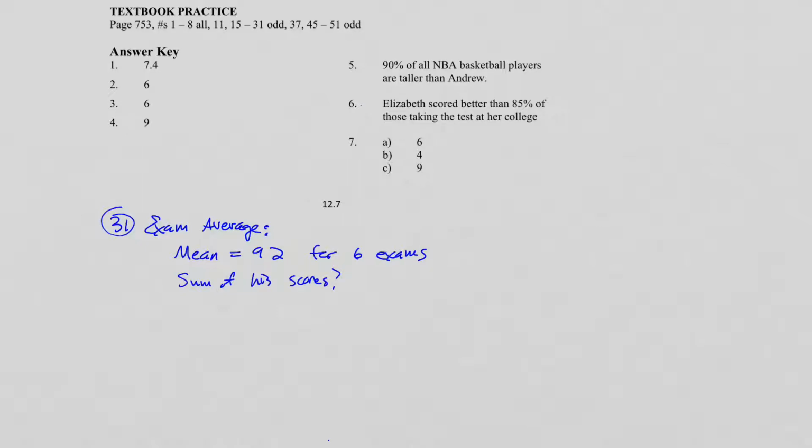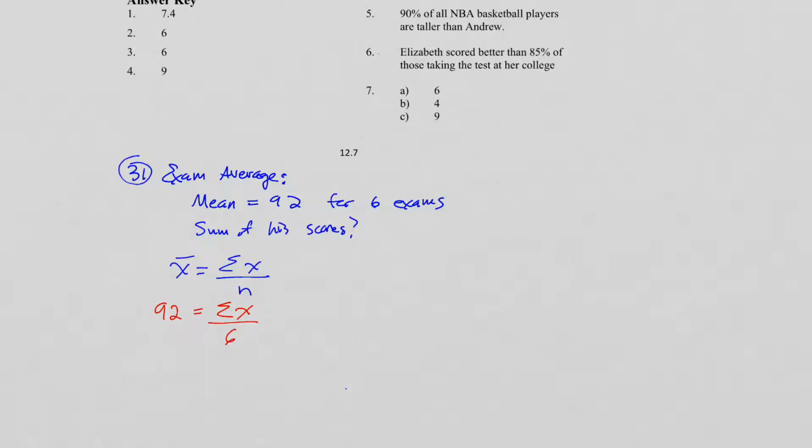So the sum of his scores, so remember, x bar equals the sum of all your x's divided by n, the number of exams. So this is saying that x bar, or the mean, is 92. The sum of the x's, we don't know, but we do know that he took 6 exams. So all this is saying is, okay, if you want to know how much his exams added up to, take your 6 and multiply it by your 92.